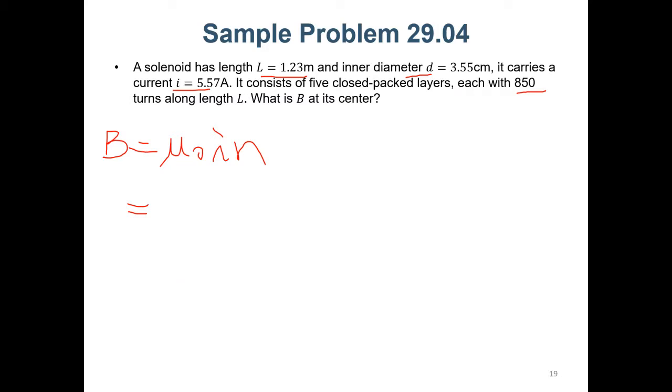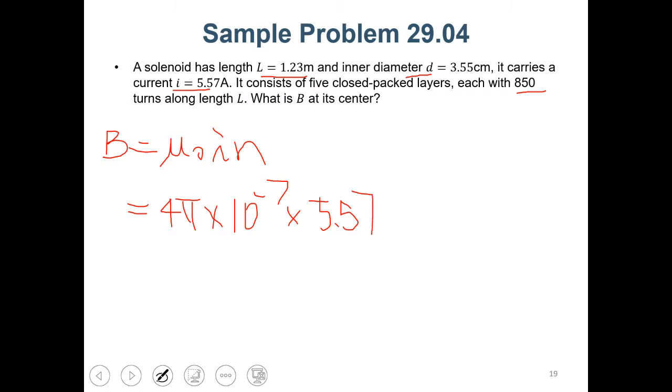Okay, so μ0 is 4π times 10 to the minus 7, and I is 5.57 amperes. So what is n? N is something like here, 5. So we have 5 close-packed layers, so we have 5 times 850.